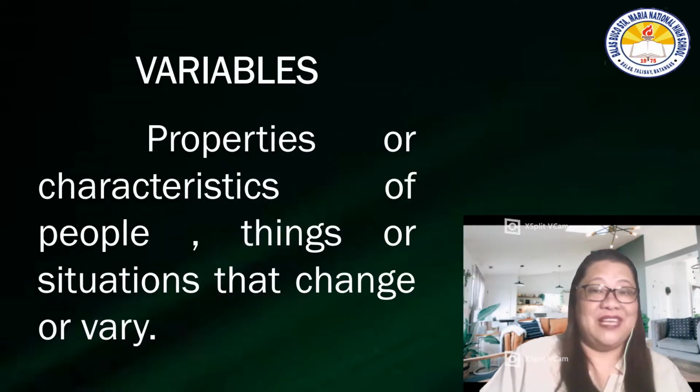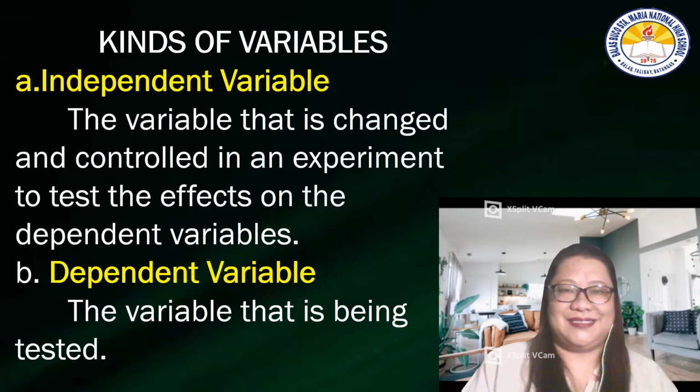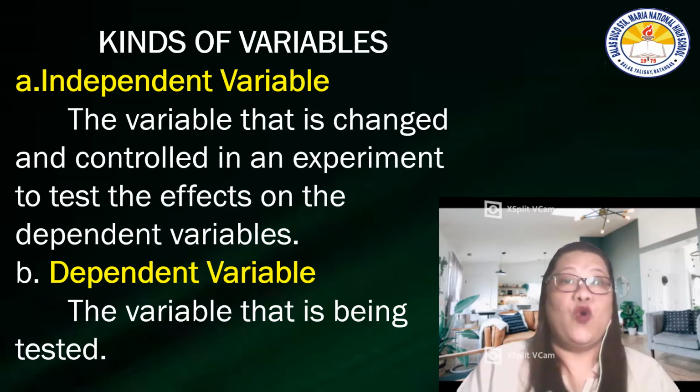Another term is variables. These are properties or characteristics of people, things, or situations that change or vary. When we talk about variables, we have to consider the two kinds.